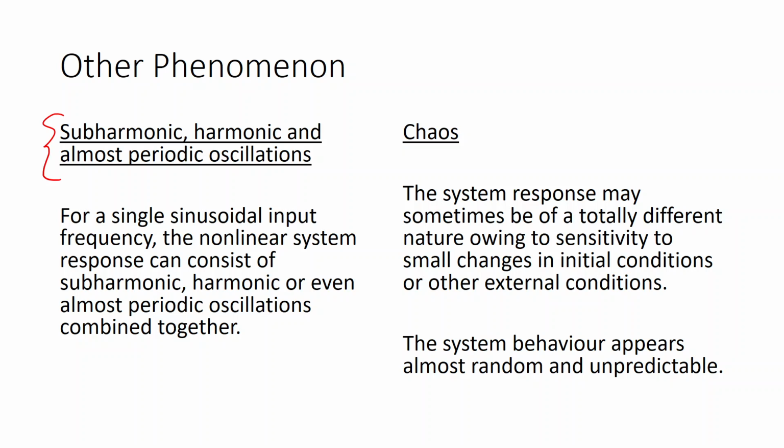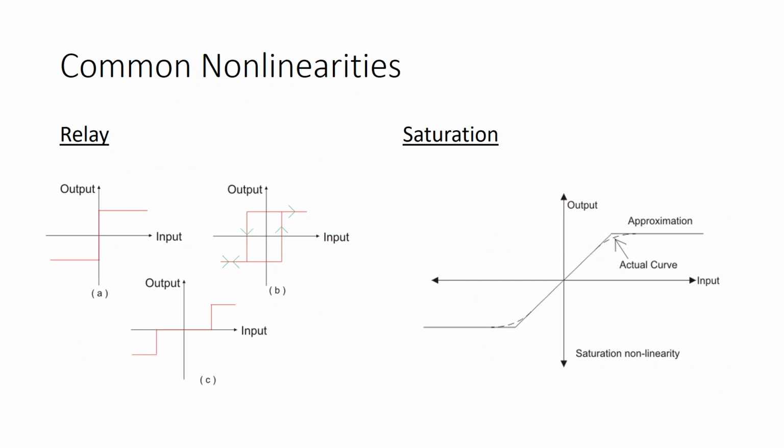However, it is not so. It is governed by a very definite set of nonlinear dynamics. However, the dynamics is such that a very minute perturbation will give rise to a totally different system response. These are chaotic systems.